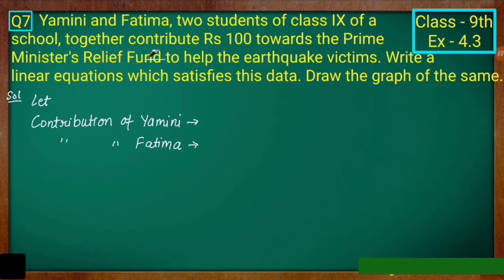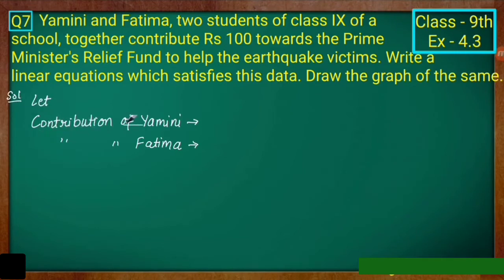Let the contribution of Yamini be rupees x and the contribution of Fatima be y. Together they contribute ₹100, it means x plus y equal to 100.